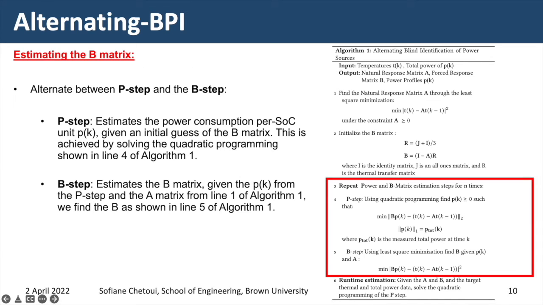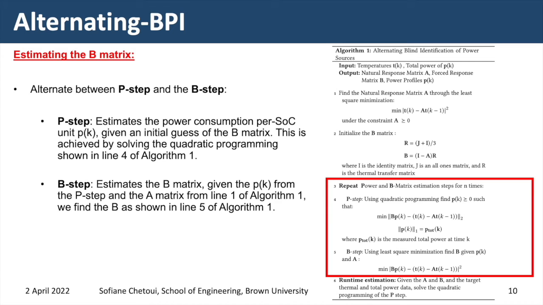To make a better estimate of the B matrix, we alternate between two different steps, the P step and the B step. In the P step, we try to estimate Pk, which represents the power consumption per SoC unit at time k. So given a guess of the B matrix, we try to solve the quadratic programming problem shown in line 4 of algorithm 1.